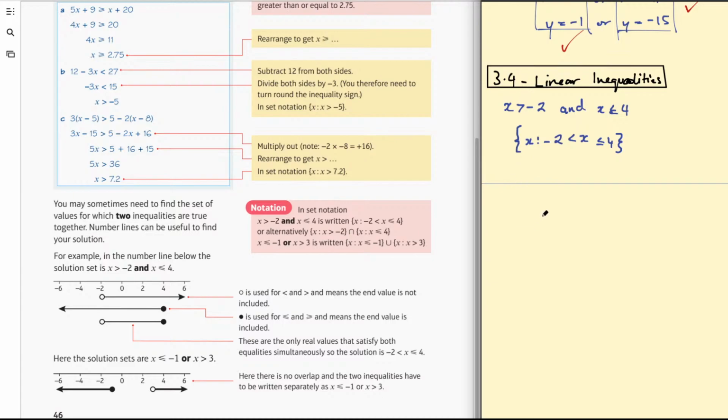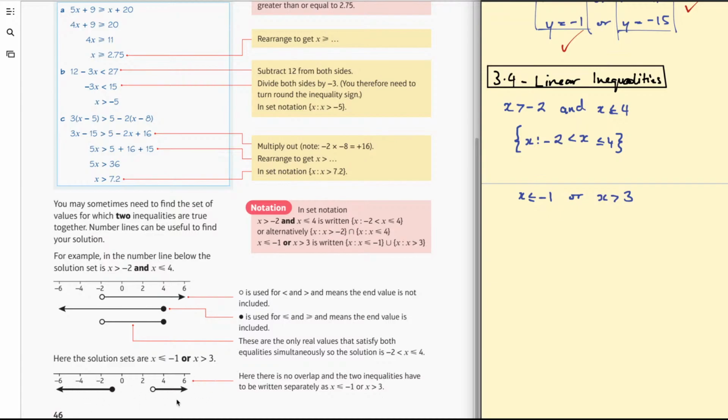And then we have x less than or equal to -1 or x greater than 3. These are two separate ranges. So x could be in this range below -1 or greater than 3. That's why we say or. It's either in this set of values or in this set of values.